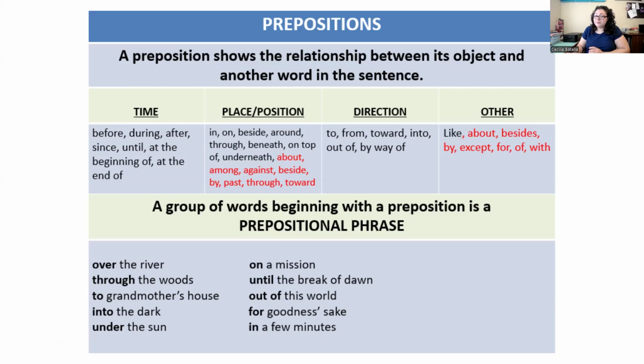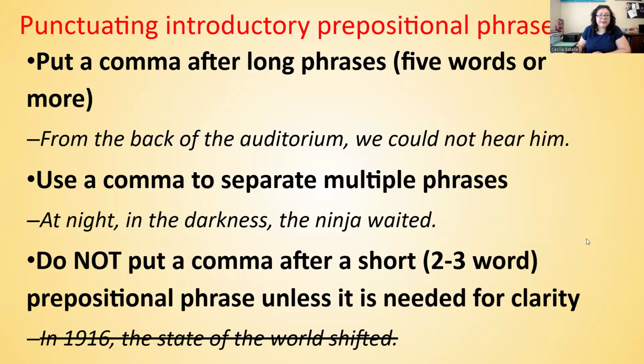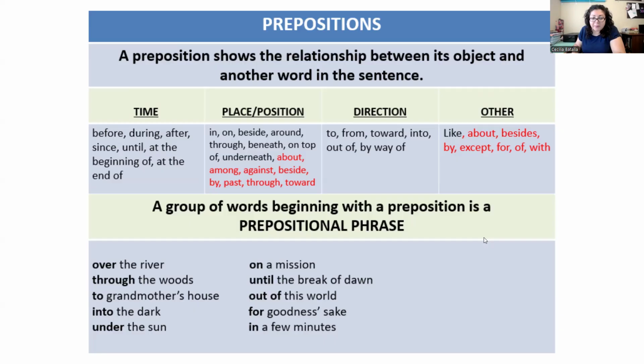So when we've talked about prepositional phrases, when you find them, what do you do with them in your sentence? So we are going to continue and take a look at that. So the first thing is you put a comma after long phrases. By long phrases, I mean 5 words or more. The ones I have here are a little short.